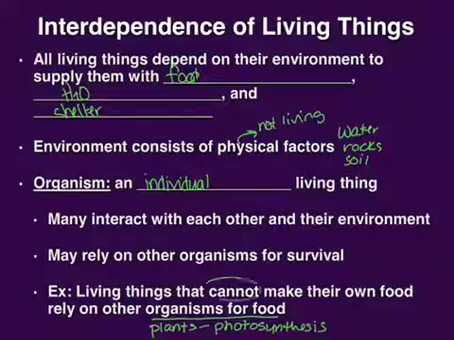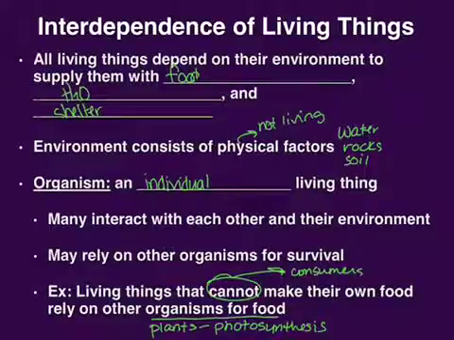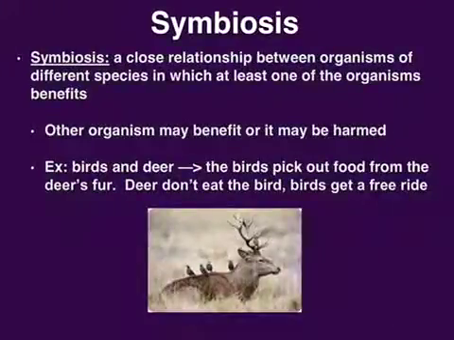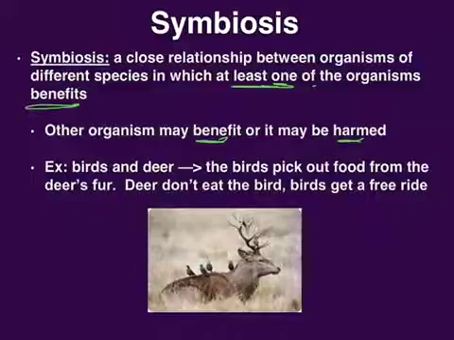Things that cannot make their own food are called consumers because they must eat other organisms. This relationship between different organisms of different species is called a symbiosis. With a symbiosis, at least one of the organisms must benefit. The second organism can either benefit or be harmed.